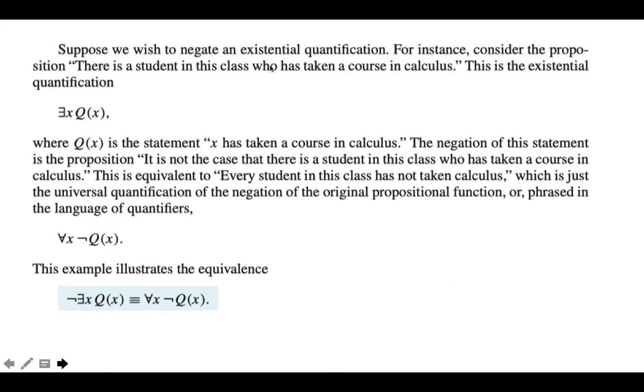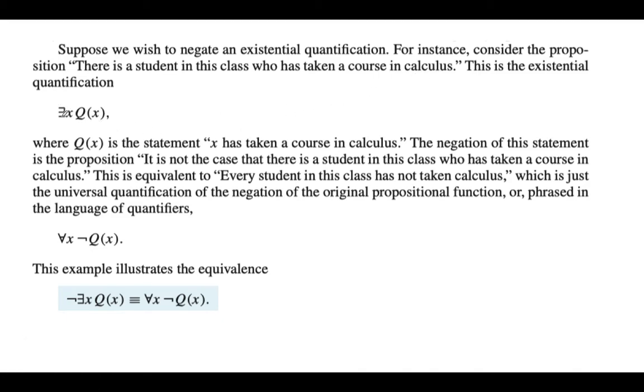Suppose we wish to negate an existential quantification. For instance, consider the proposition: there is a student in this class who has taken a course in calculus. This is existential quantification. There is x Q of x, means a student x has taken a course in calculus.